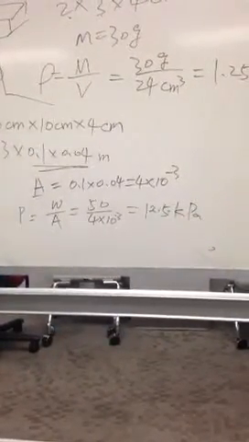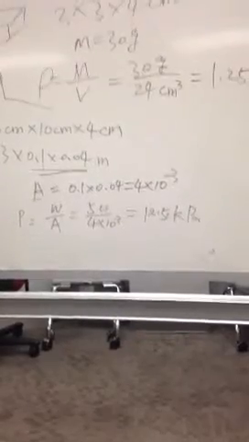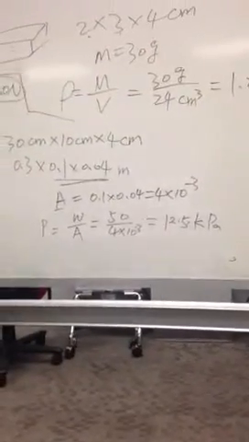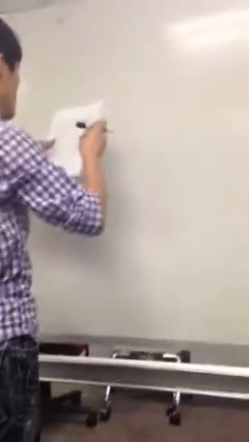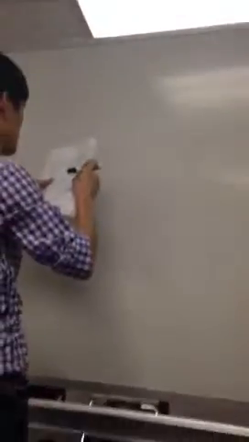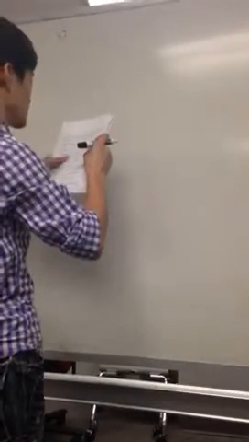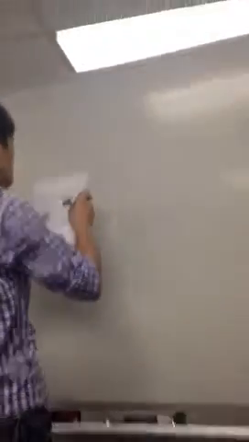Okay, so this one is fine. So these two. And then number 3. What is the gauge pressure if the absolute pressure is 300 kilo?